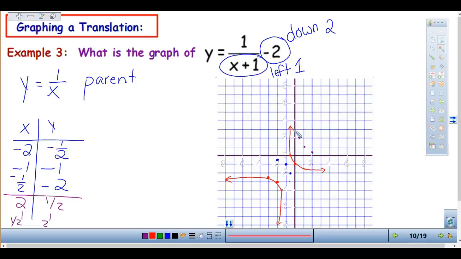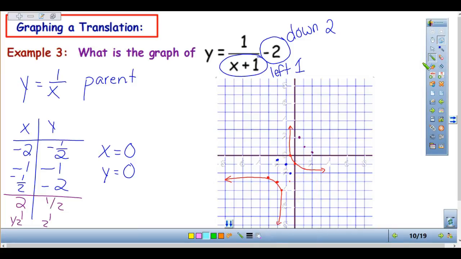Now, what I almost would do is your asymptotes first, and we'll talk about those, but I did want to show you the shifting, how that works. For my parent, do you agree your asymptotes are x equals 0, y equals 0? That's where we started, right? Well, if I had this line, which way do I have to move it? Left. So now my asymptote, instead of being at 0, is going to be at left 1.